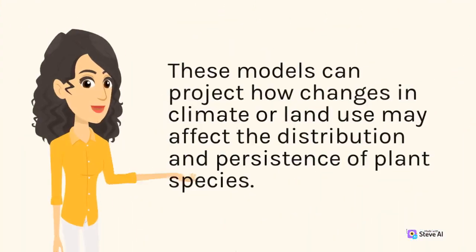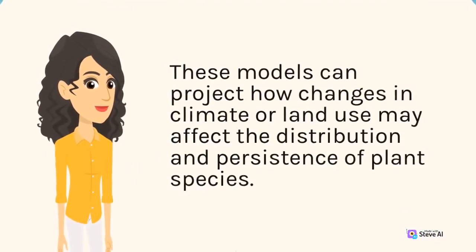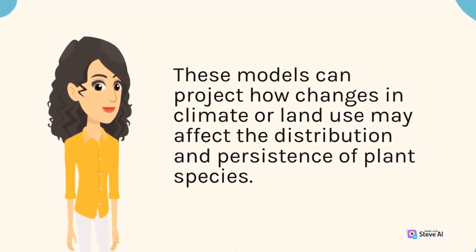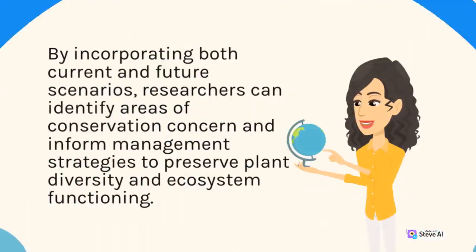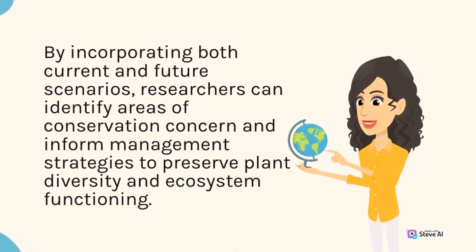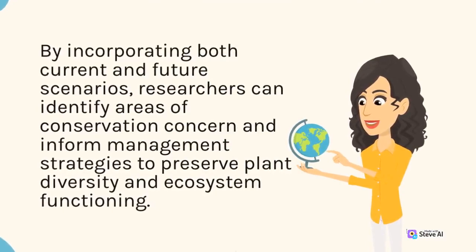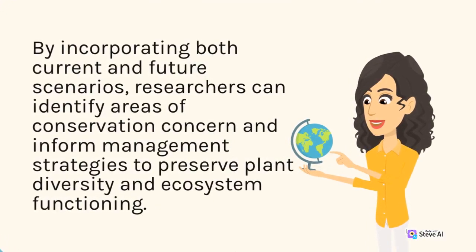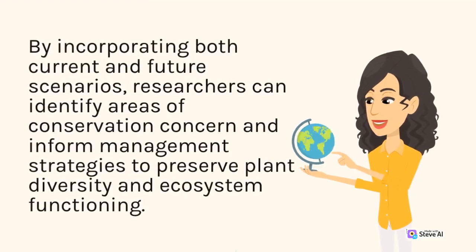These models can project how changes in climate or land use may affect the distribution and persistence of plant species. By incorporating both current and future scenarios, researchers can identify areas of conservation concern and inform management strategies to preserve plant diversity and ecosystem functioning.